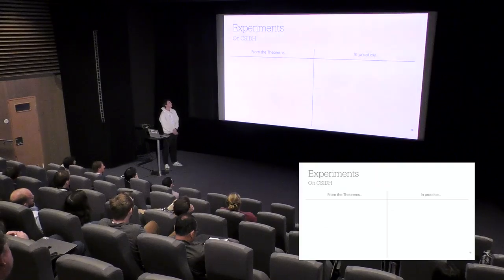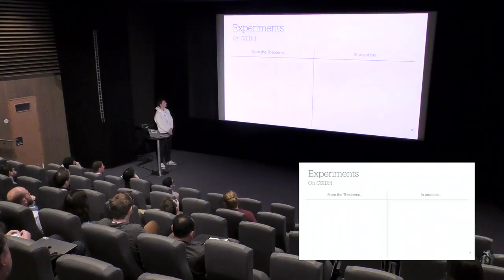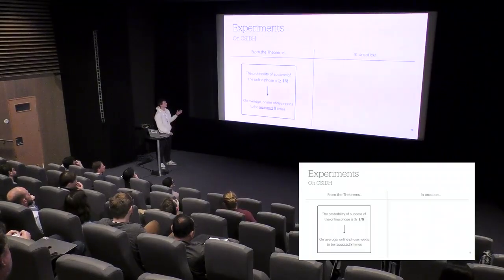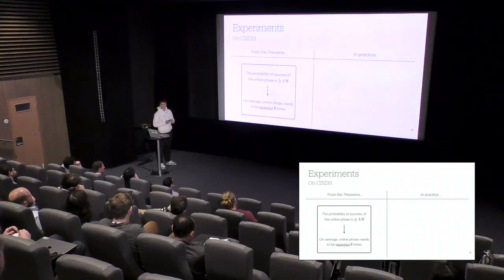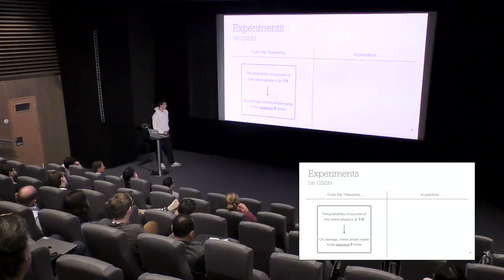Okay, eventually we wanted to test our results, and we did it for Seaside, which we know from the previous talk. And we observed quite a discrepancy between theory and practice, because from the theorem we got that the success probability of the online phase, so the probability that we actually get such a collision, is lower bounded by 1/8, which means that on average you have to repeat the online phase like 8 times.